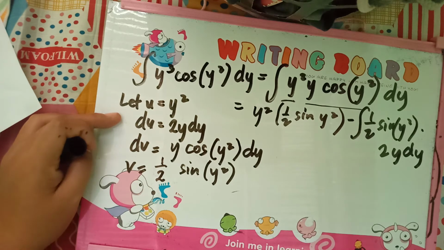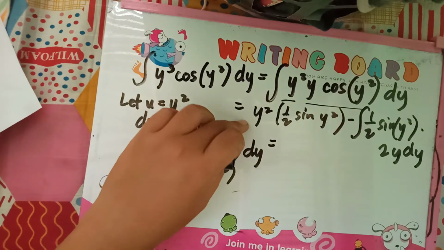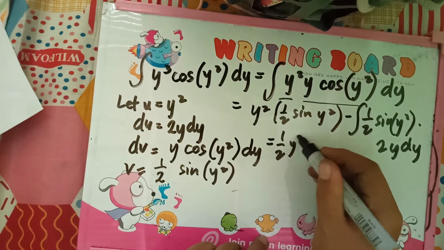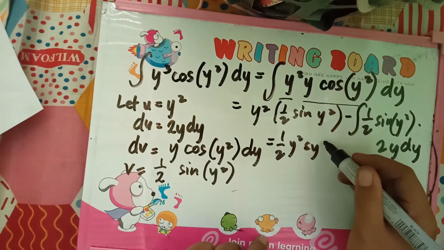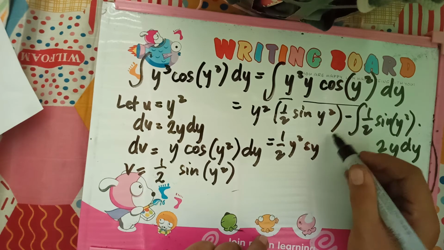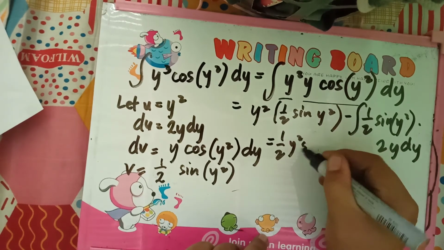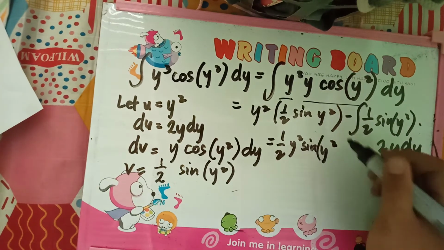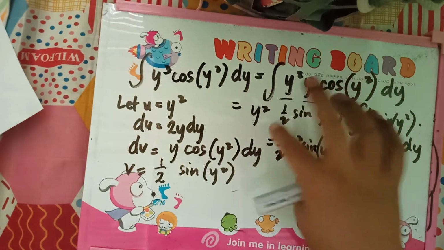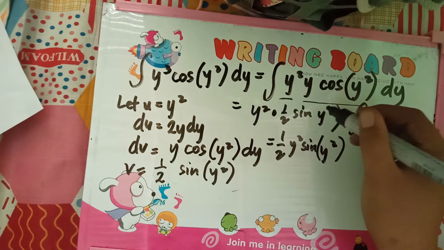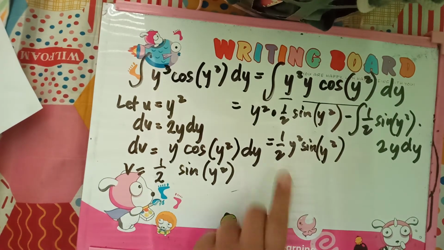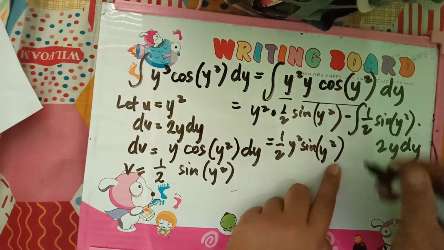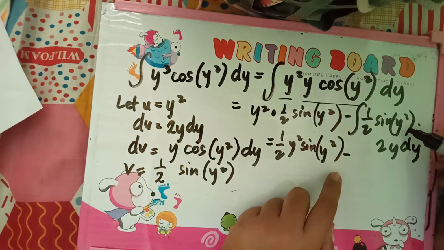So, ang susunod natin gagawin, if we multiply this one to this one, magkakaroon tayo ng 1/2 y squared sine y squared. Okay? I-close natin ito ng parenthesis.